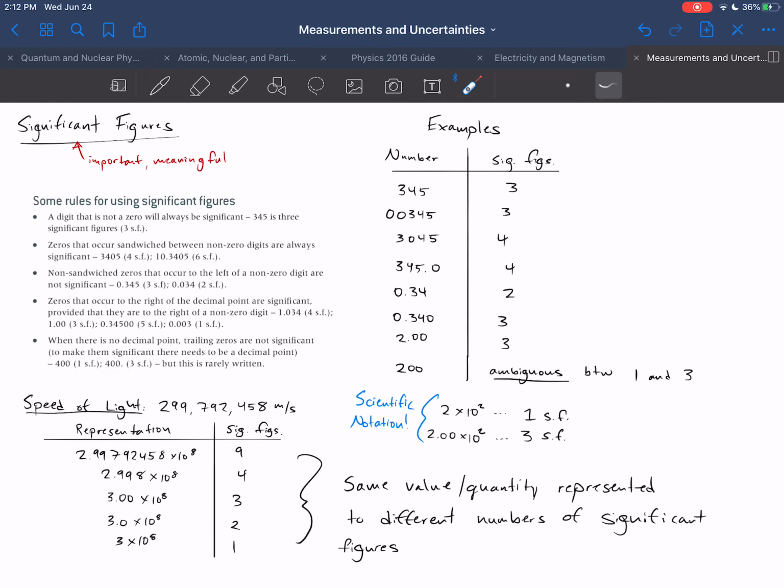But it doesn't tell us anything more about the value for the same reason these leading zeros don't. That is, this representation, 0.34, has 2 significant figures where 3 and 4 are the significant figures. That 0 is there because it's clearer, because it's more useful, but it's not significant in telling us information about the quantity that that value is representing.